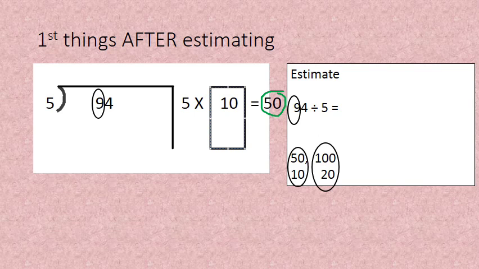Now, what is it that we do with the numbers that are after the box? That's right, we subtract them. So I take 94 minus 50. Doesn't look like I'll have to regroup. I'm going to get the answer of 44.